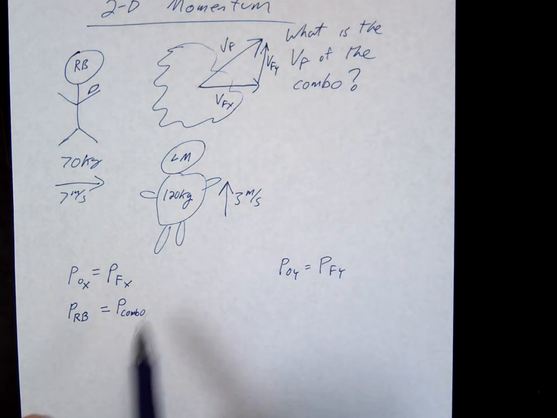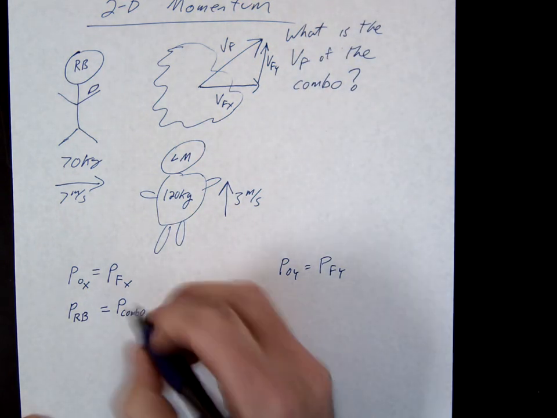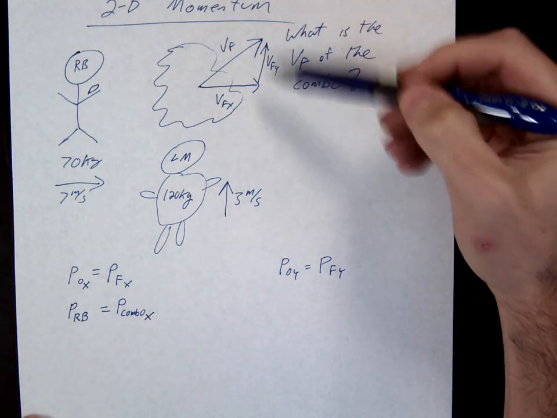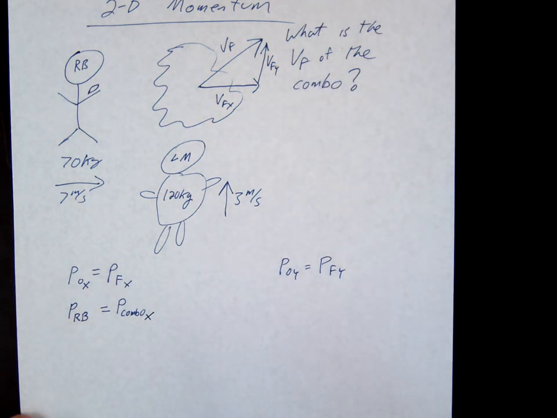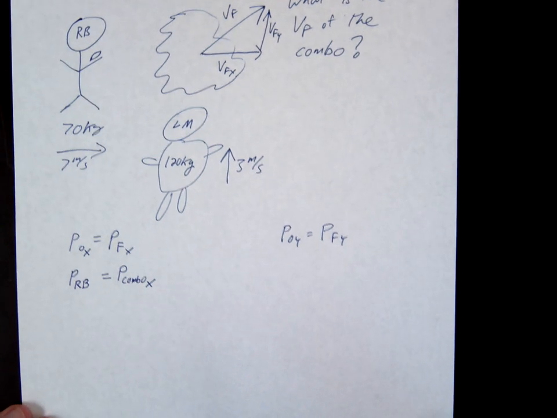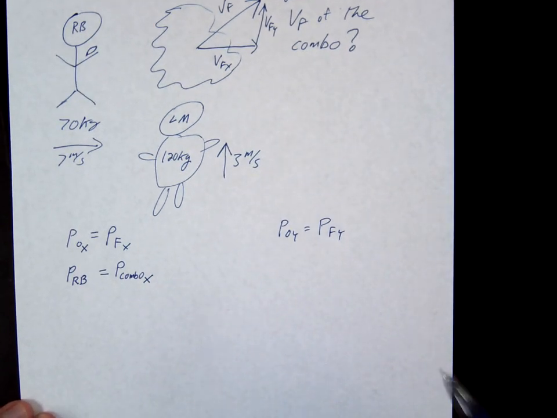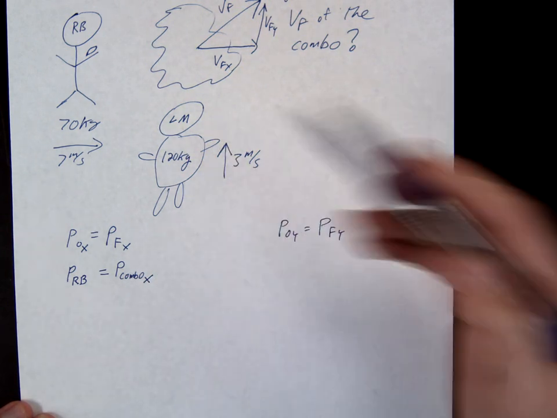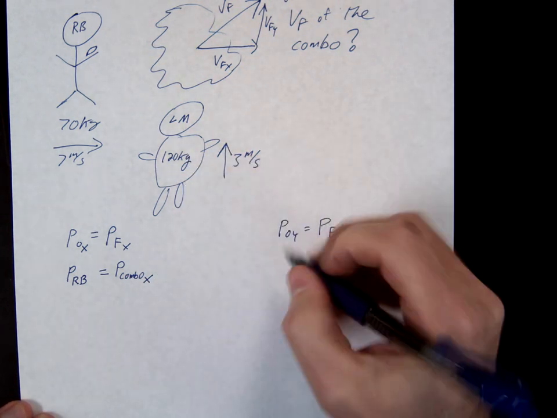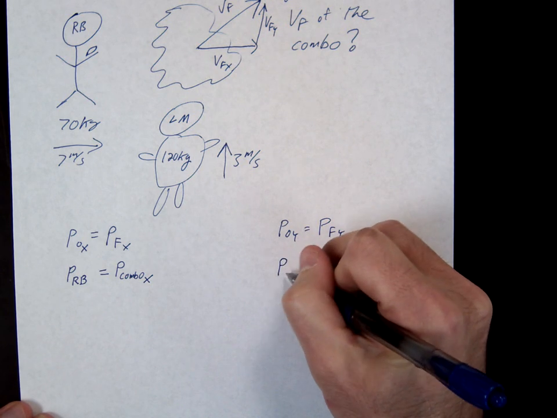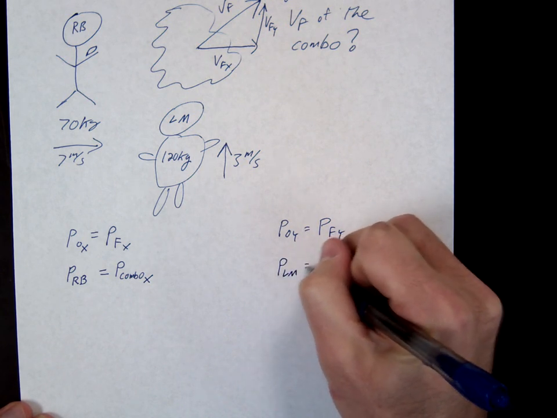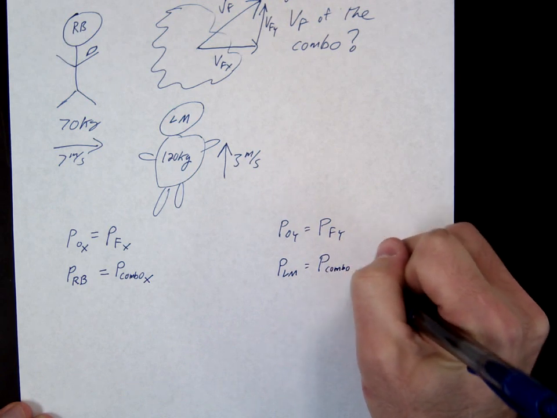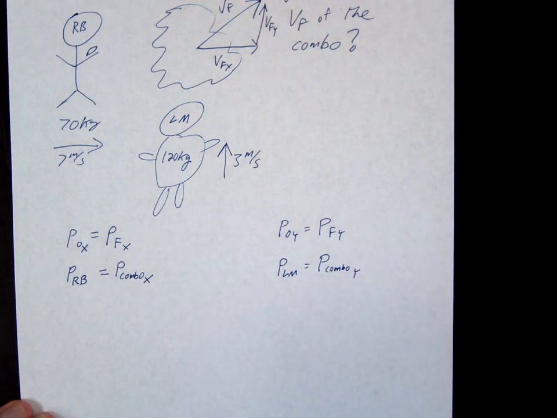So likewise, it has a momentum that is in the x direction and a momentum that's also in the y direction. So that's how we're going to approach this conceptually. On this side, the lineman side, notice he's the only one that has a vertical momentum, so we'll call this P of the lineman. Again, that's going to equal P combo, but just the vertical combination.